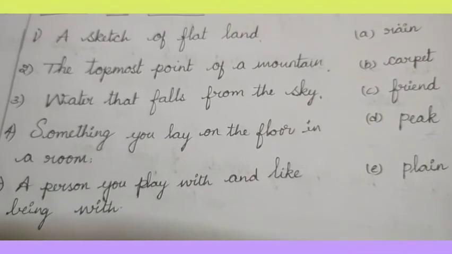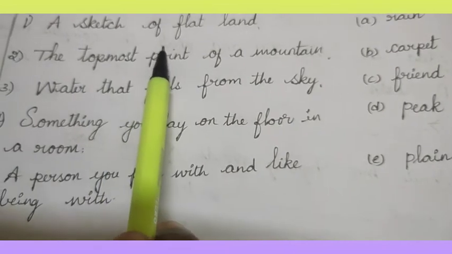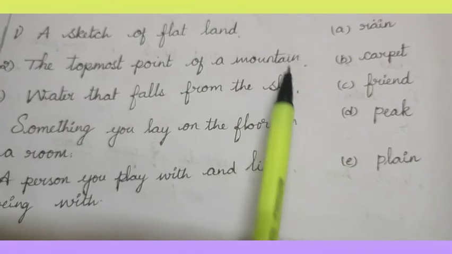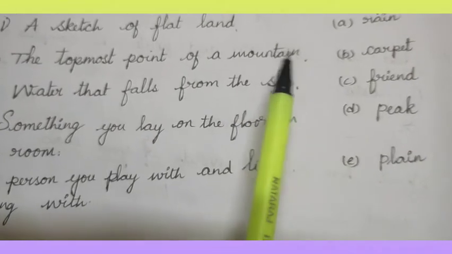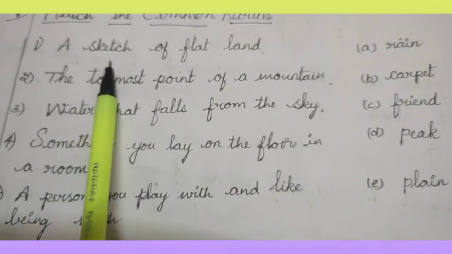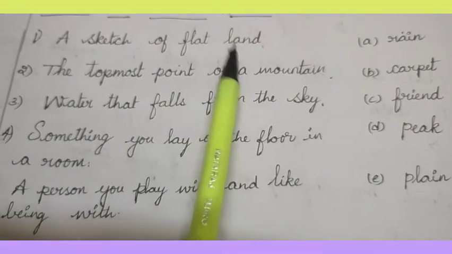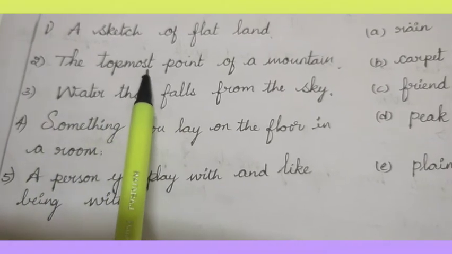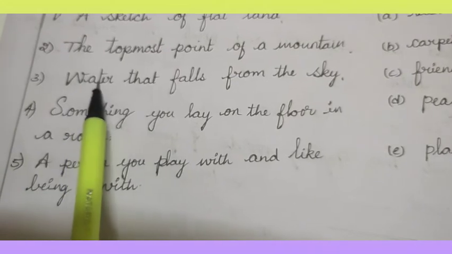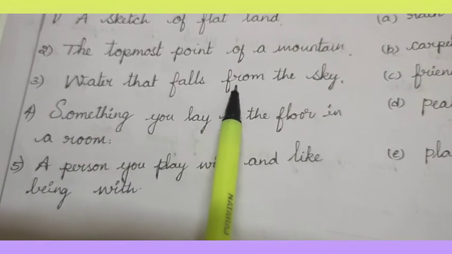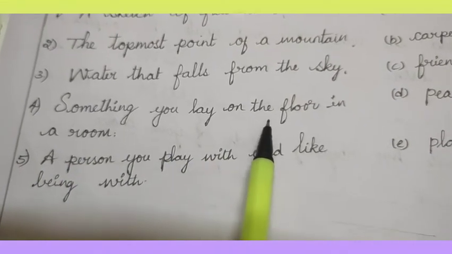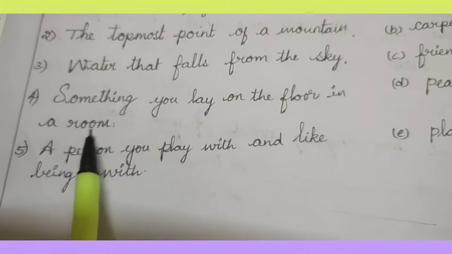Is it clear, children? Once again I am repeating. For the given sentences you have to match what is the common word or common noun we use. That you have to match for the answer, right? A sketch of flat land. Second, the topmost point of a mountain. Third one, water that falls from the sky. Fourth, something you lay on the floor in a room.